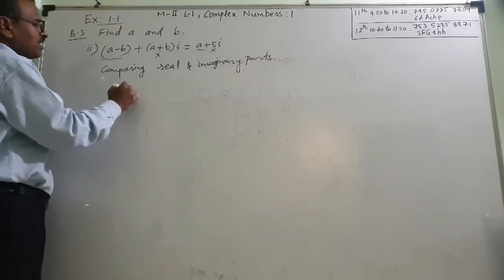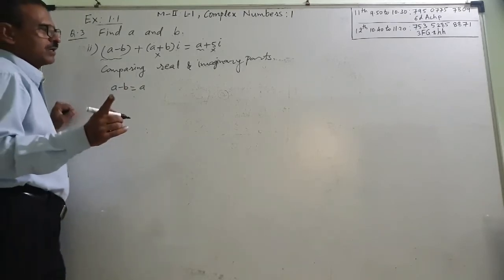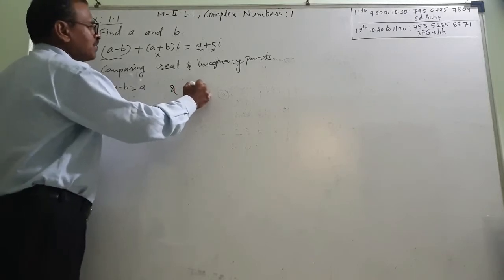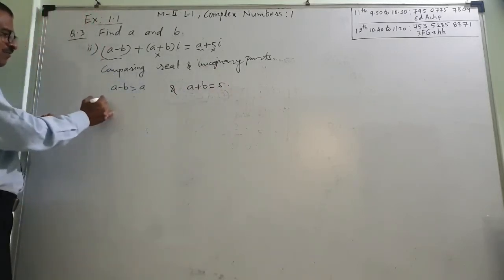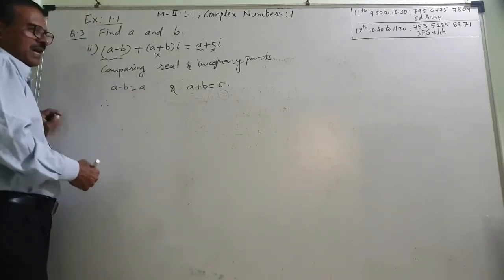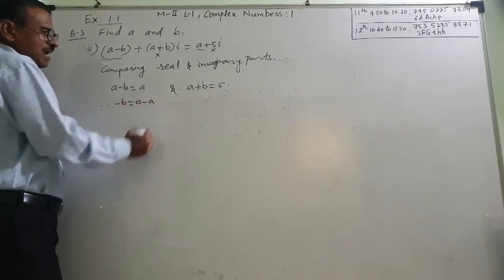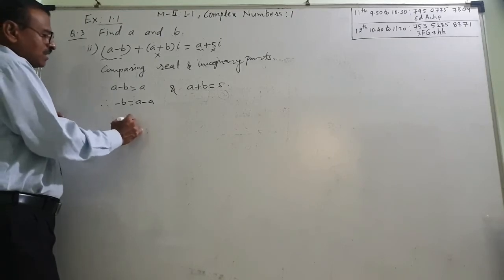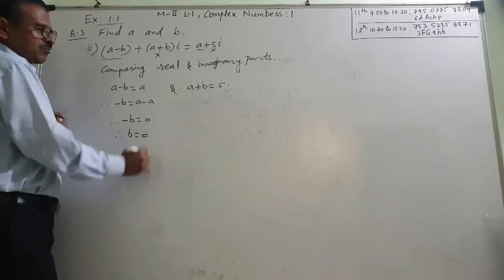a minus b is equal to a. Clear. And a plus b equal to 5. Clear. Therefore, this a I will bring there, so minus b is equal to a minus a, that is minus b is equal to 0. Therefore b is equal to 0.